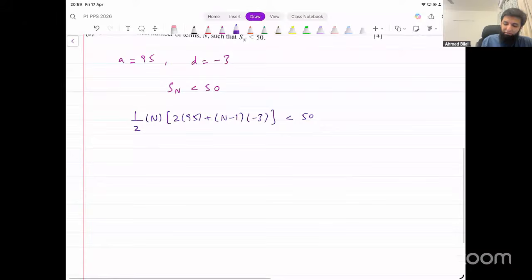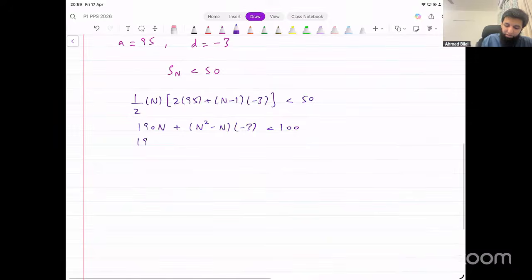Okay, let's simplify this. We can multiply this 2 on the other side. It's a positive number, so we can do that in inequalities. Multiply positive number on the other side. 95 into 2 is 190. 190 times n plus n squared minus n into -3, that is less than 100.